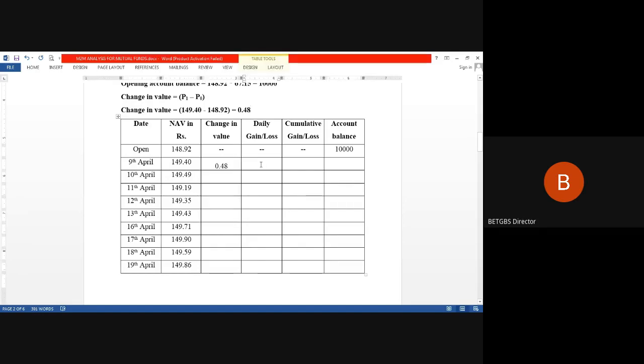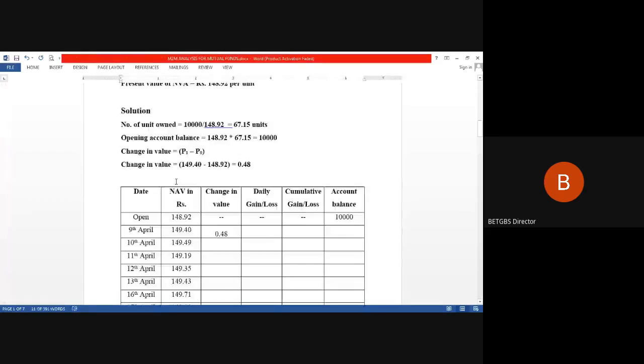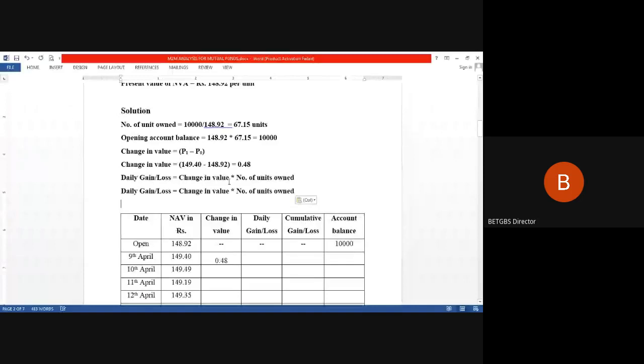Now how do we calculate the daily gain and loss? So it is this equation. We know the change in the value, it is 0.48. And how many units we own? 67.15.